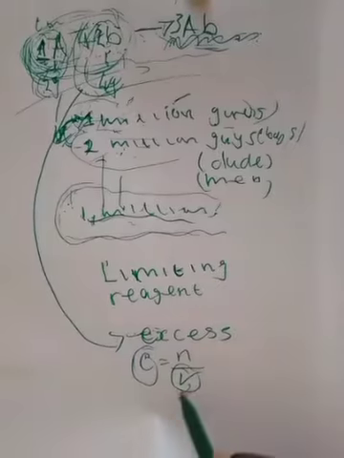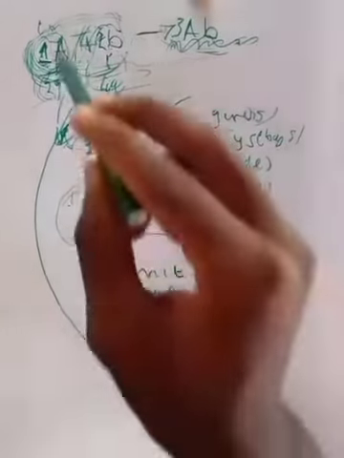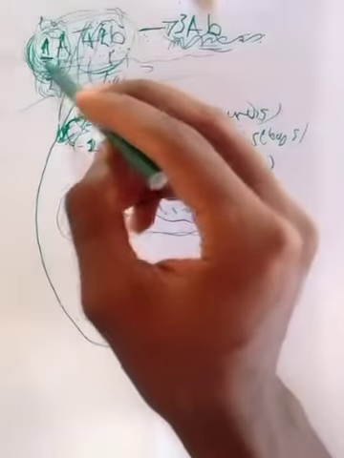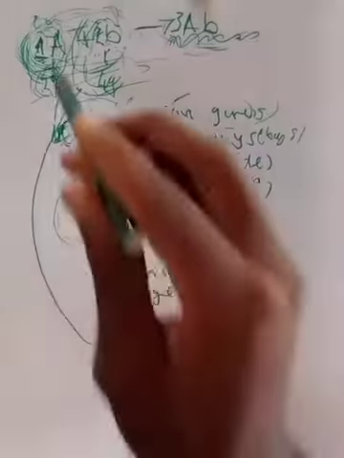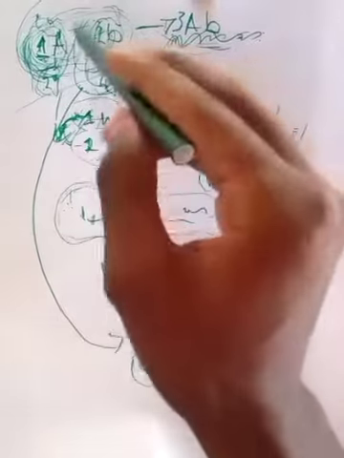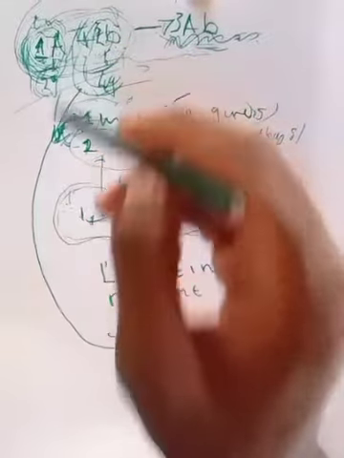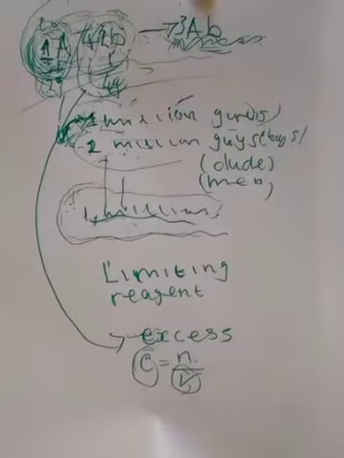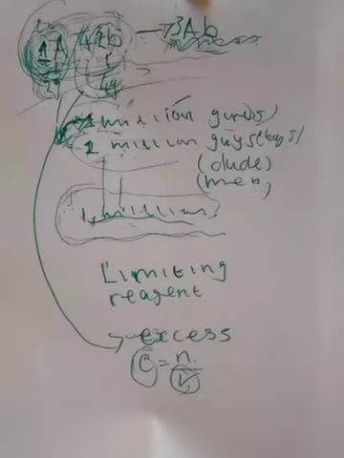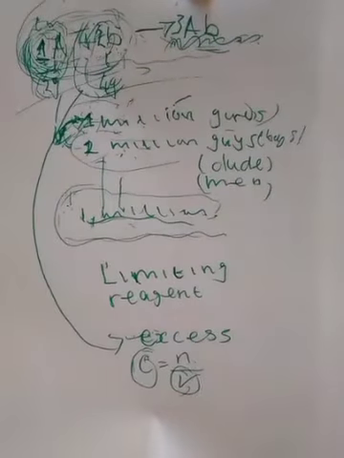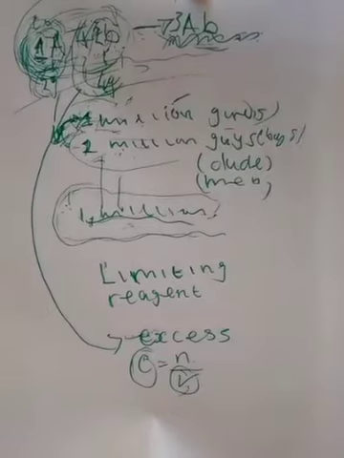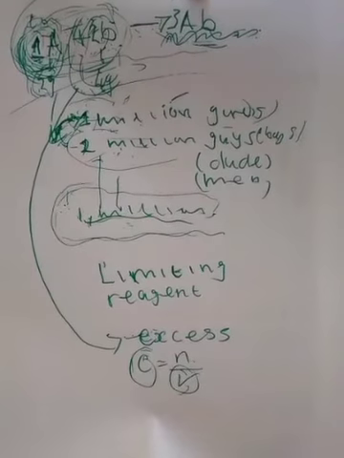So for us to determine the limiting reagent, we need to know the number of moles of the reactants, or the elements that are reacting. That's the protocol. All the methods that are used require you to know the number of moles. So every time you see a question, it should be tickling in your mind: what's the number of moles of these reactants?